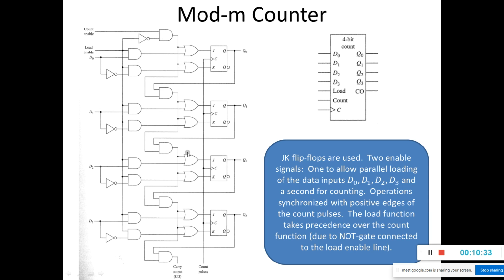This is the internal construction with AND gates. If the Q3 output and the output of this AND gate are 1, then it is a carry out, and the count pulses are applied simultaneously. It's a synchronous mod m counter.